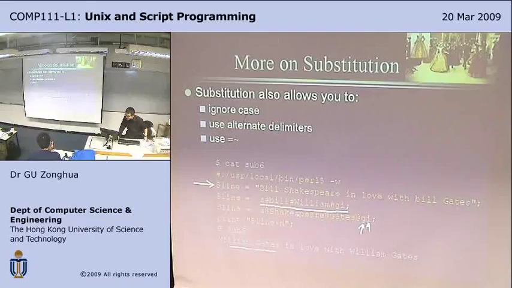So this means that replace any Bill with any William. Replace any Bill, whether big B or small b, ignore case. And this one means substitute any Shakespeare, ignore case, with the word Gates.